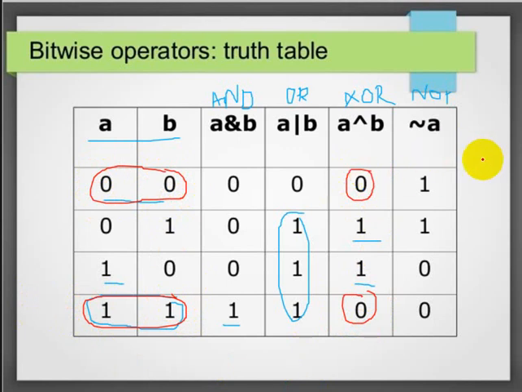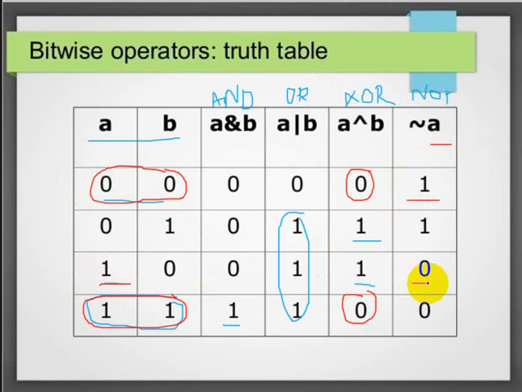And NOT is the same as NOT. You will have only one operand. Whenever you have a 0, the output is going to be 1. If the input is 1, you will get a 0. It's the same as your logical operator.